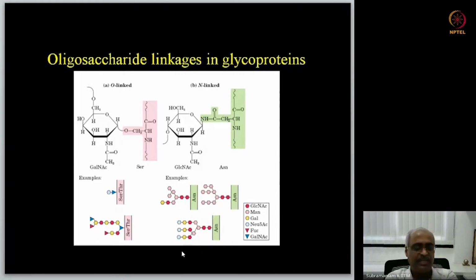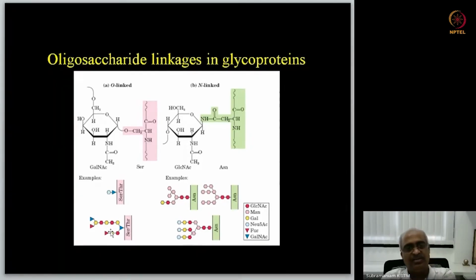Each one can be like a pin code, and therefore they are recognizing structures. So if a cell surface protein has a certain carbohydrate chain attached, that could be a pin code or an identity for that particular cell.